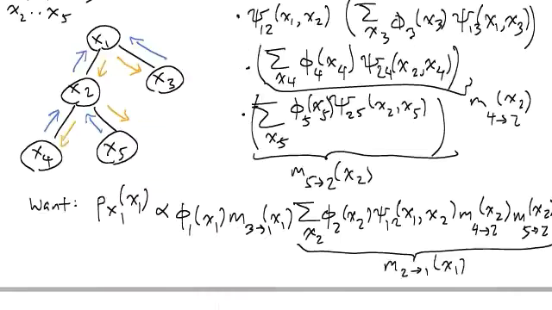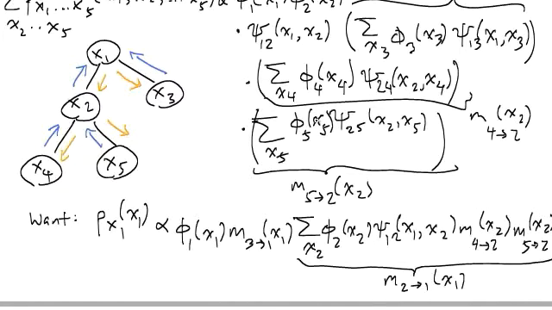Okay, and so to write down the general equations, the messages look as follows. The message from i to j is going to be a function of xj. We're summing out xi. And if you look at the general pattern for the message computations, whatever we're summing over, it's the node potential for that, and then the edge potential between what we're sending, and then the incoming messages.